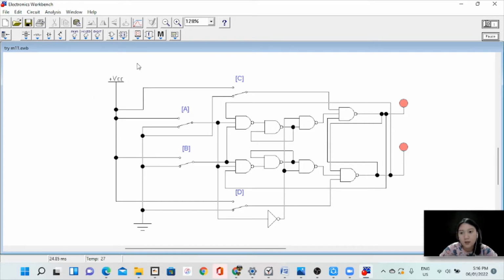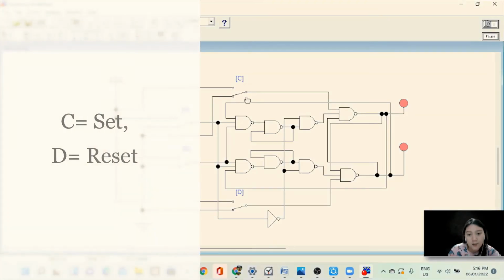This is our source or the VCC, and this is our ground, which represents the low power, and this represents the high source or high power. We have here our NAND gates. So our T or the toggle is represented by A, the clock is represented by B, and the C and D are represented by our preset and our reset.